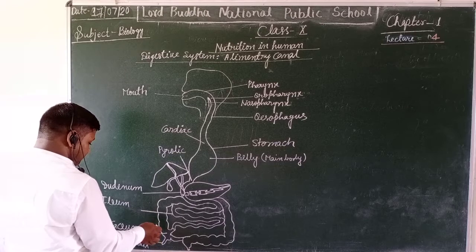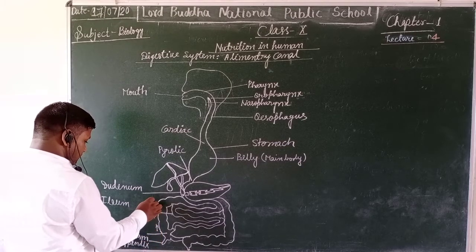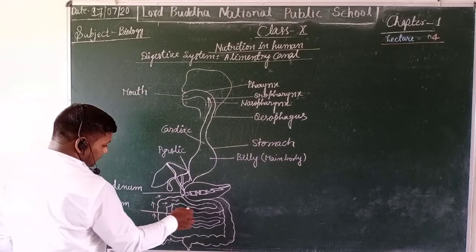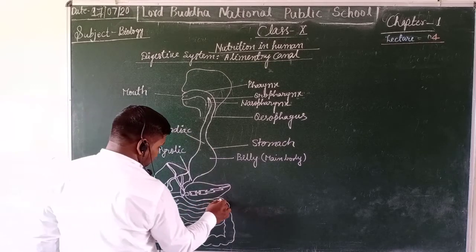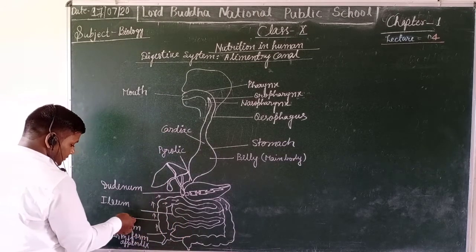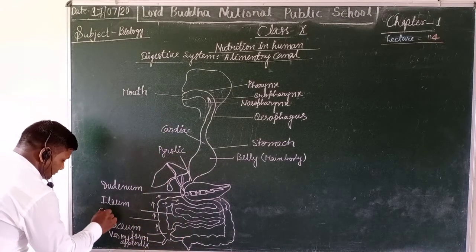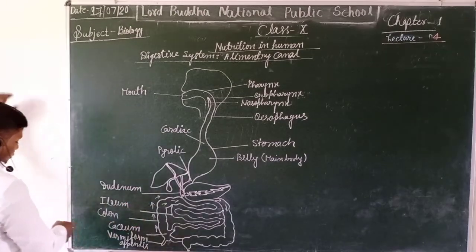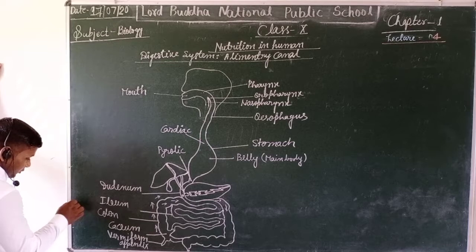From here, the movement of food takes place with the help of the colon. This is the second part of the large intestine, the colon, and this is also known as the ascending colon.